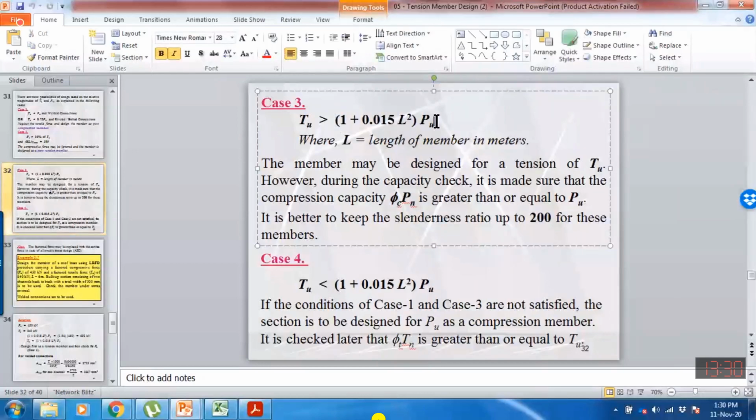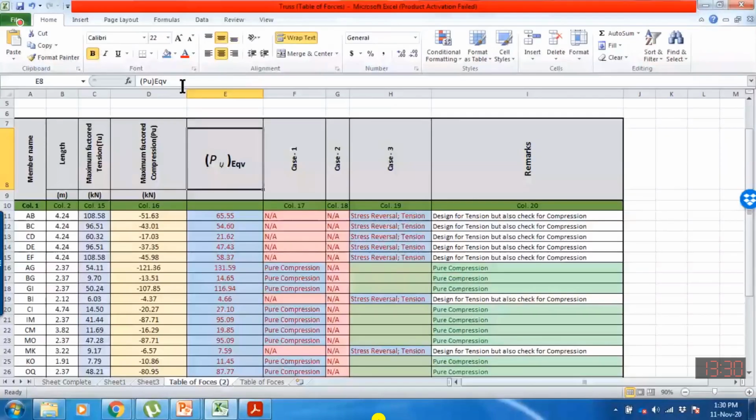So I have computed it in a separate column called PU equivalent, which is equal to (1 + 0.015 length square) times the compression force. Here I'm just checking: if PU equivalent is more than TU, that will be a stress reversal member designed for compression. If TU is more than PU equivalent, that will be a stress reversal member but designed for tension.